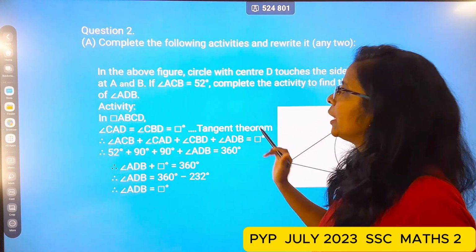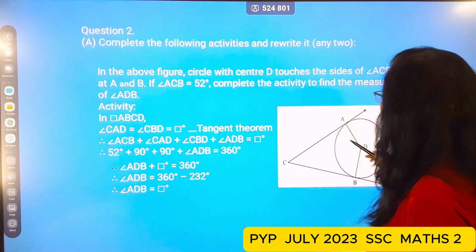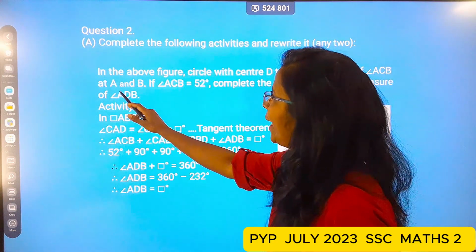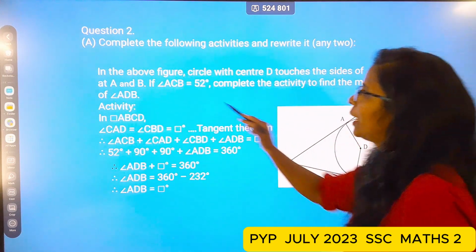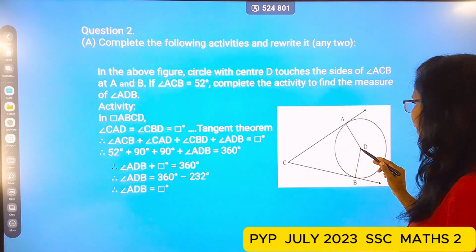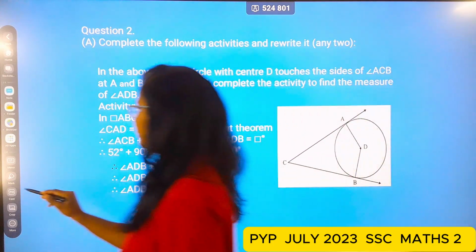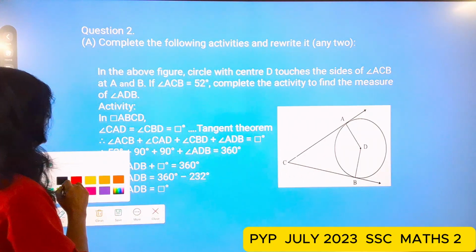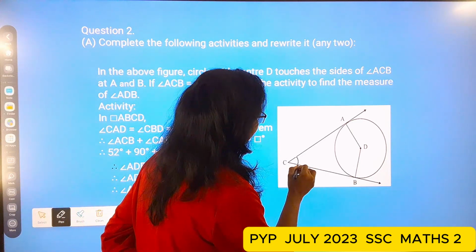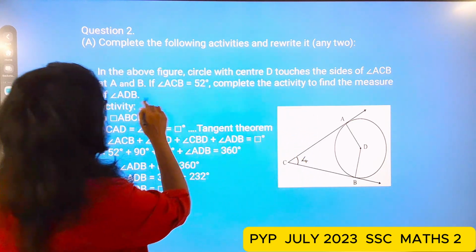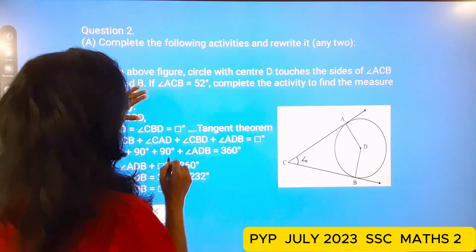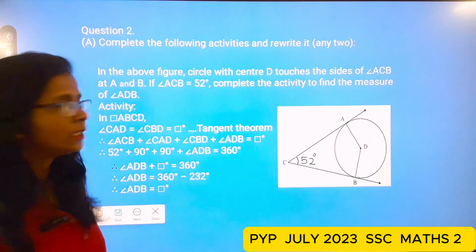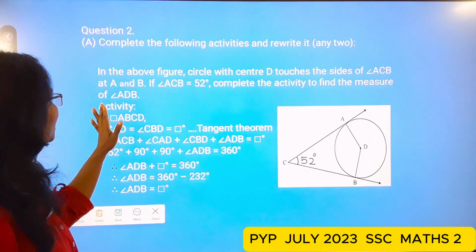Now in the above figure, the circle with center D touches the sides of angle ACB at A and B. If angle ACB is equal to 50 degrees, complete the activity to find the major angle ADB.